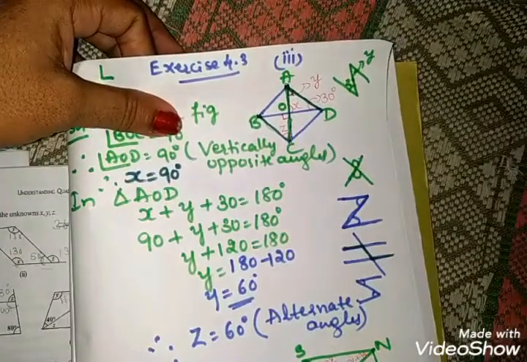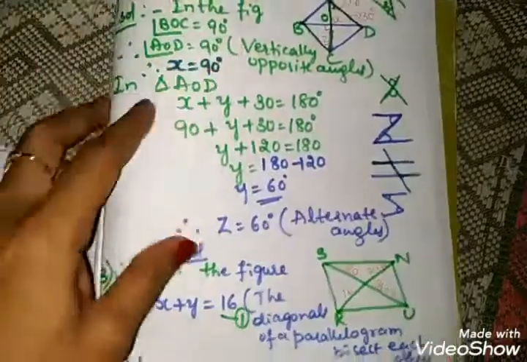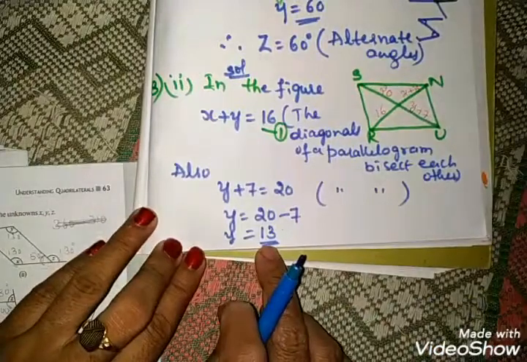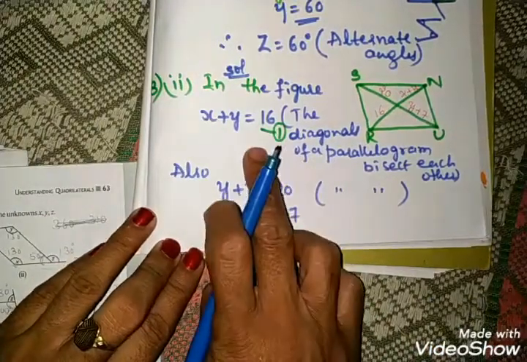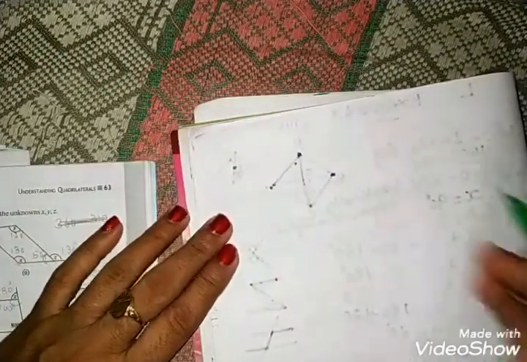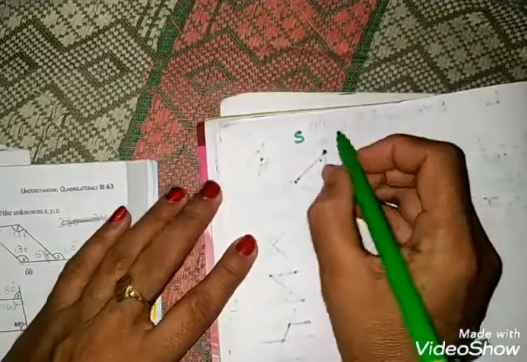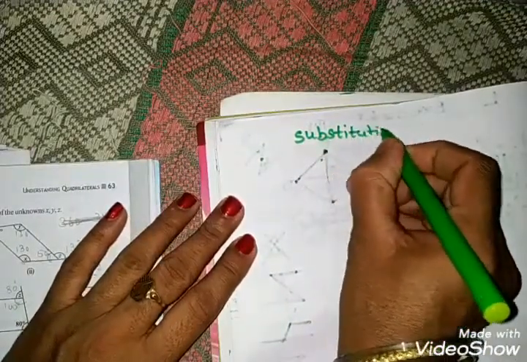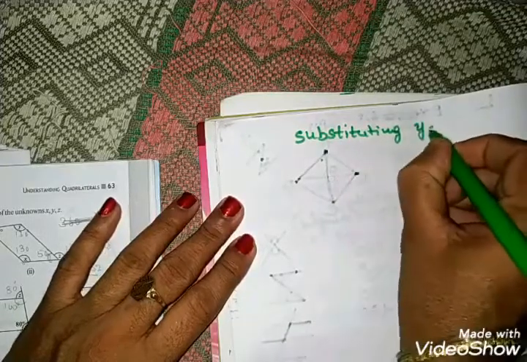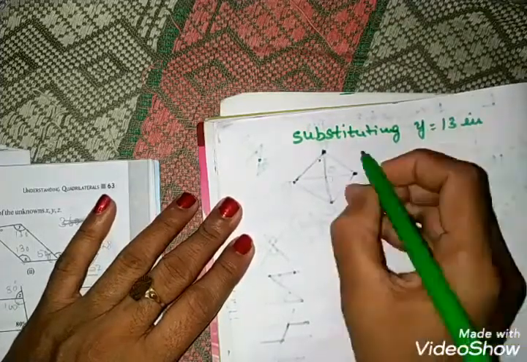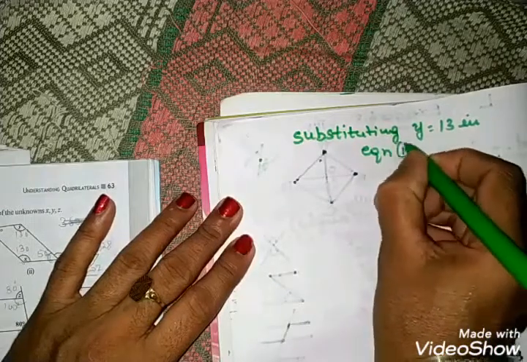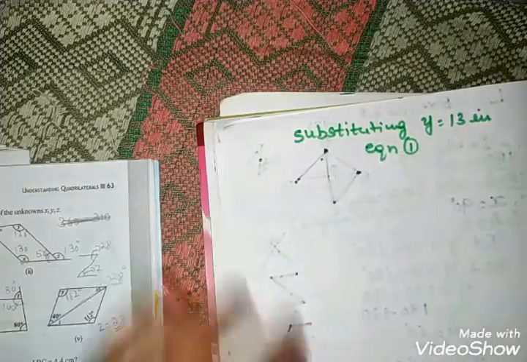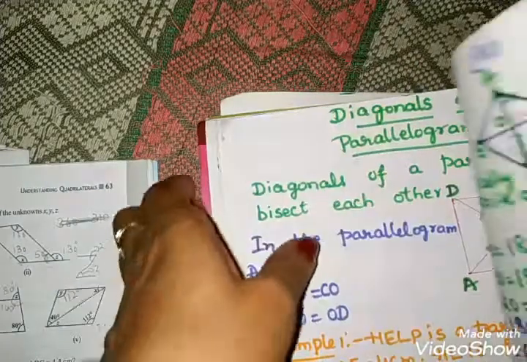Now we need the x value. So let us substitute the value of y in equation number 1. Substituting y equal to 13 in equation 1. What is equation 1 here, children?